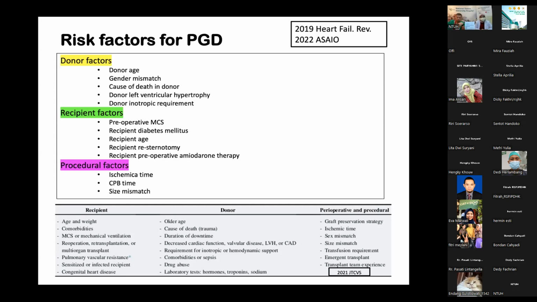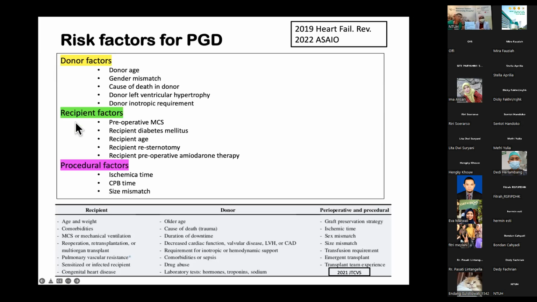Okay, so the only thing we can do is go to the operation room to prepare the heart. If the heart has some calcification, sometimes we will discard. If the recipient side is very poor, we'll take.